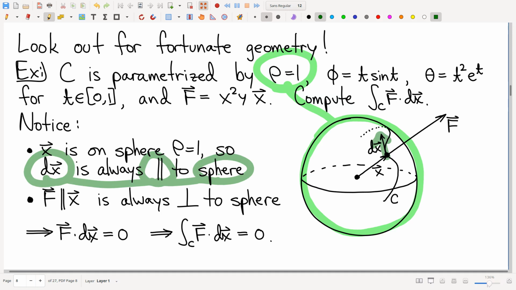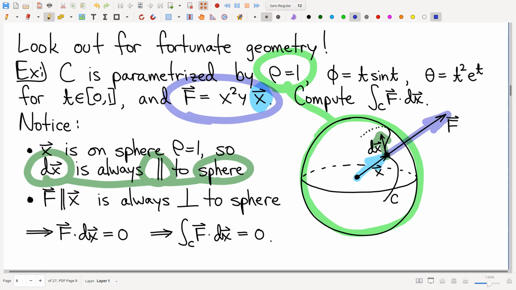It might be an ugly formula for the displacement, but it's parallel to the sphere. Now let's look at the vector field. Notice that the vector field is a scalar multiple of our position vector. And again, our position is always on the sphere.